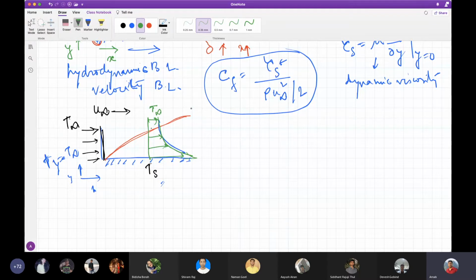The fluid particles nearer to the wall will exchange energy with the surface, because these two are at different temperatures, and they will transfer that energy to their nearby layer, and it would develop a temperature gradient as it grows along in the x direction.